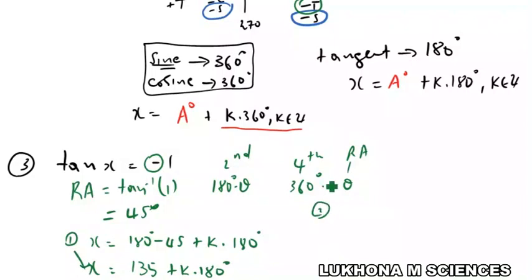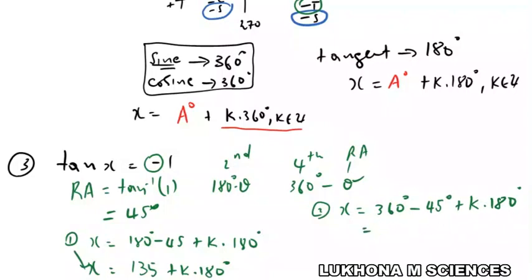Then let's go to the second solution. The second solution for this function will be on the fourth quadrant, which means we're going to say x is equal to 360 degrees minus the reference angle, which is 45, plus k times 180 degrees.